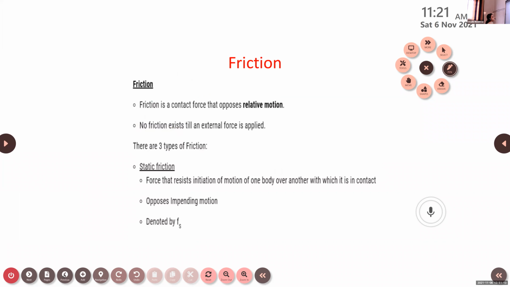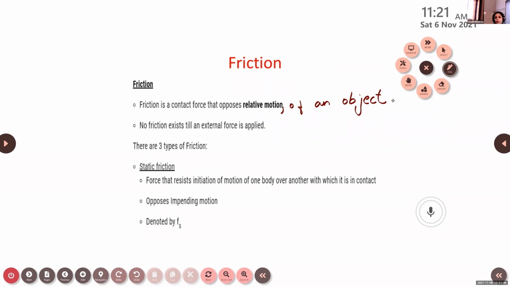Friction is a force which opposes the relative motion of an object. Okay. And friction is a contact force. Friction is a contact force that opposes relative motion of an object. So basically, friction is a force.